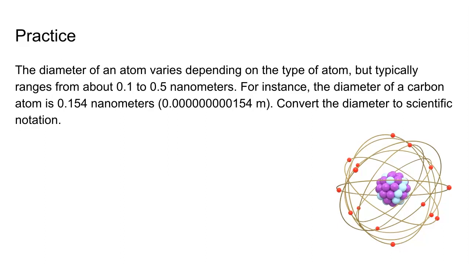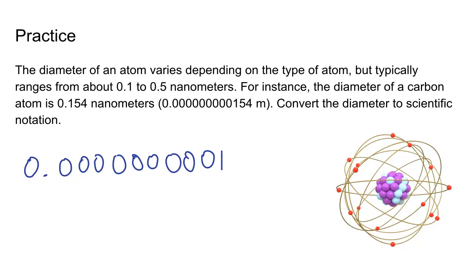So start by rewriting the number 0.154. Then move the decimal 1, 2, 3, 4, 5, 6, 7, 8, 9, 10 places to the right.